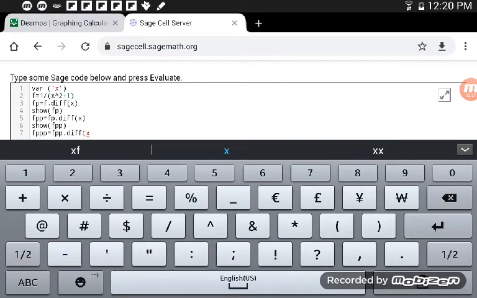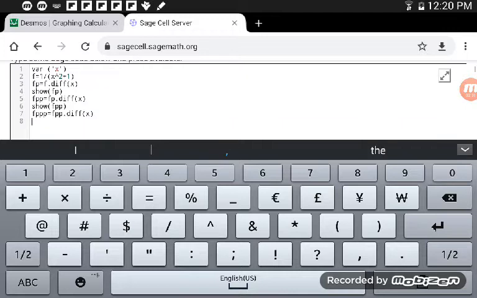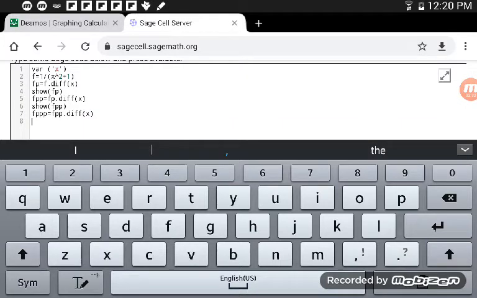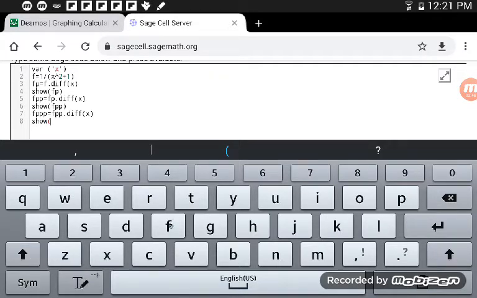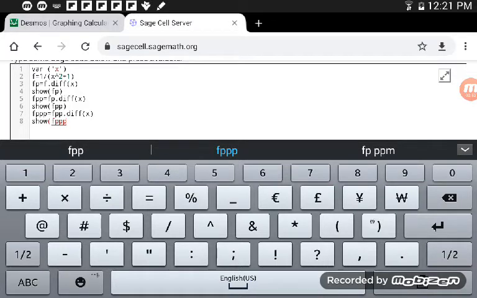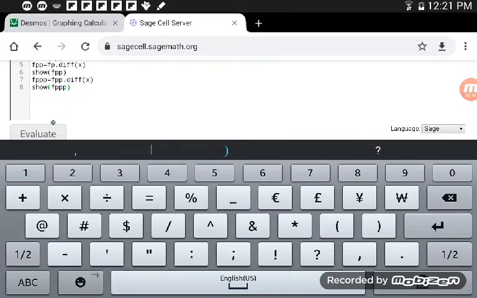And where am I? Let's see, we need to go back to symbols, and then we need to show that one. So show, and that was f triple prime, f 3 p's, close that, and then we'll go here and say evaluate.